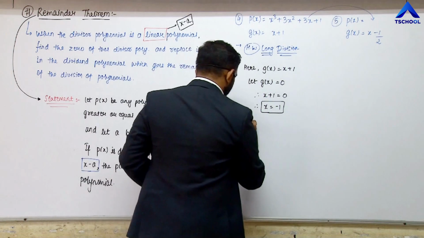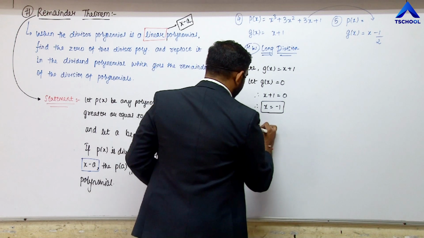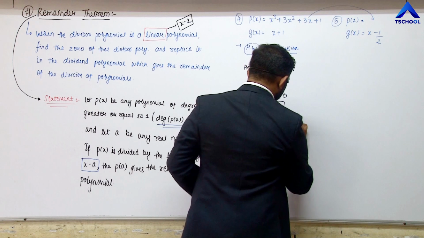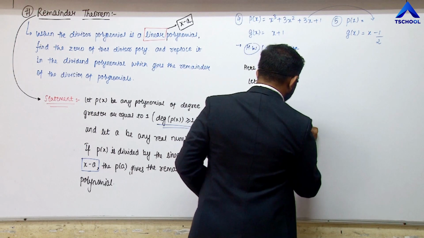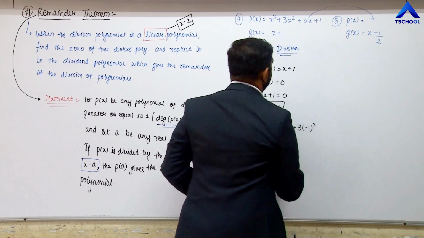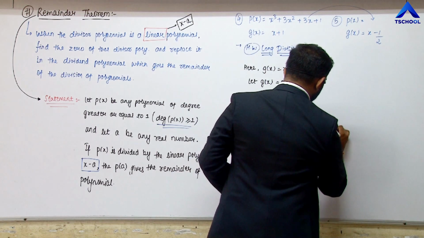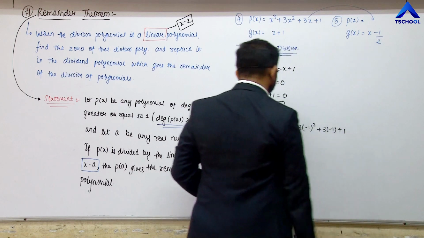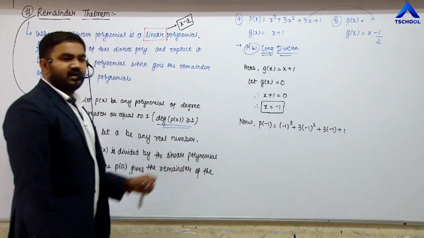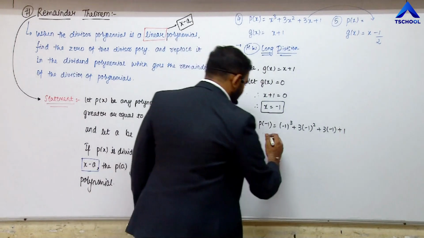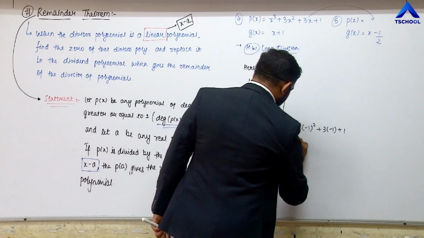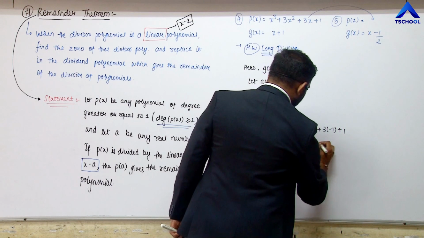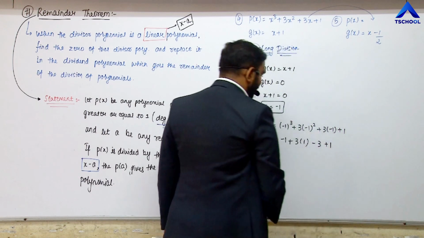Now p of minus 1, that is minus 1 cube plus 3 into minus 1 square plus 3 into minus 1 plus 1, right? So this is how it goes. And what is minus 1 cube? Minus 1, plus 3 into minus 1 square, that is plus 3, and 3 into minus 1 is minus 3, and plus 1.